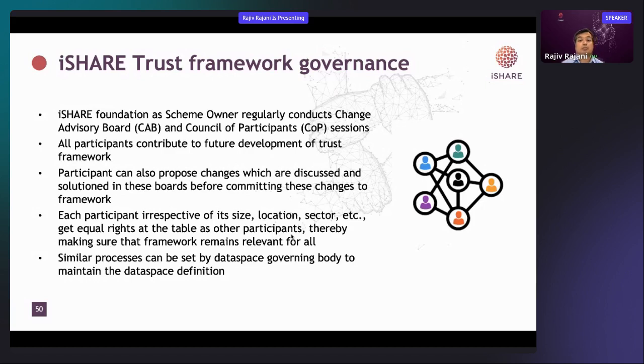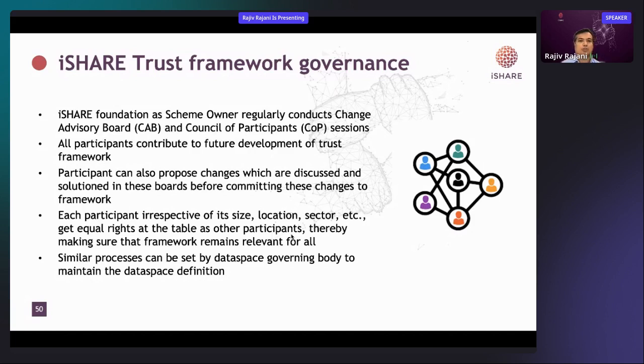You being a participant, when you register yourself via satellite and onboard on the iShare framework, you are automatically a participant, and you're always free to join any of these sessions, and also submit change requests if you feel that a certain element of the framework should be changed or updated to be made more relevant.